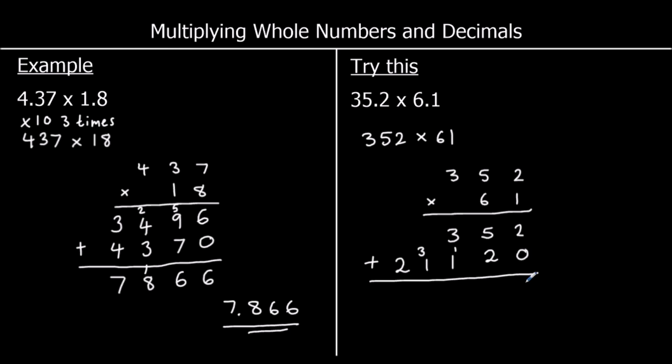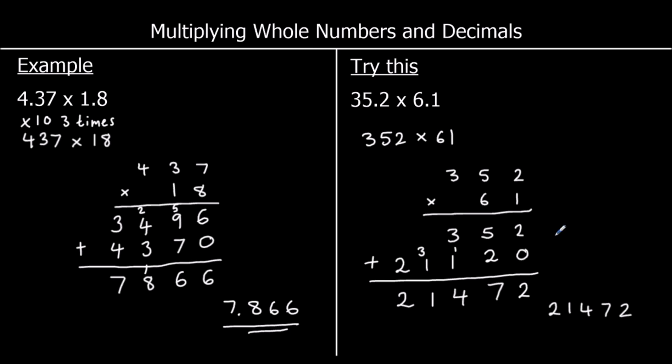2 plus 0 is 2. In the tens, 5 plus 2 is 7. Hundreds, 3 plus 1 is 4. There's nothing to add on. So 0 plus 1 is 1, and 0 plus 2 is 2. So I've got 21,472.